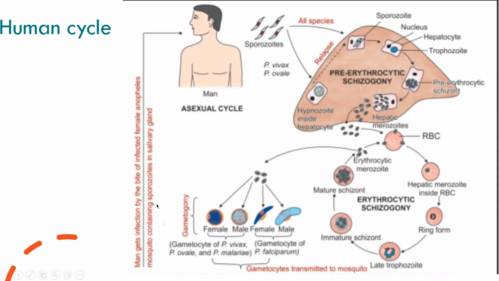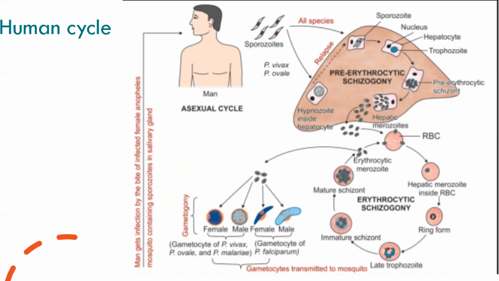the infection is due to the bite of the infected female Anopheles, in which the mosquito is releasing the sporozoites into the human being, and once these reach the circulation, they directly go to the liver, and they attack the hepatocytes.